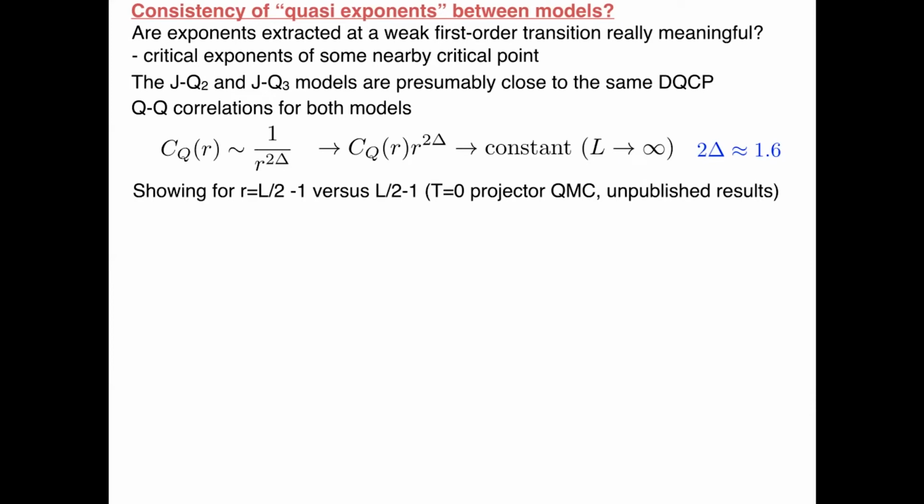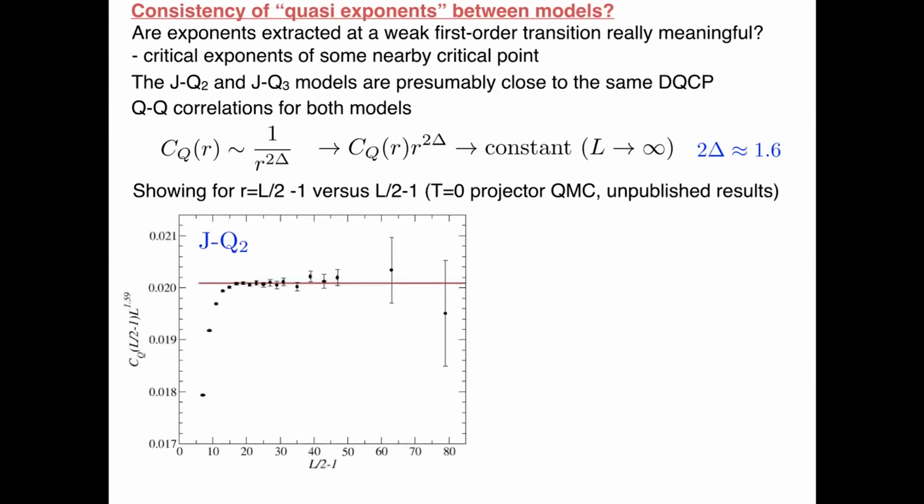Now we can also do a projector QMC, where we really go to 0 temperature in a slightly different way that I mentioned during my lectures. It doesn't really matter, but just for full disclosure, it's a different set of calculations, which is good because now we can confirm that we get the same exponent as before.